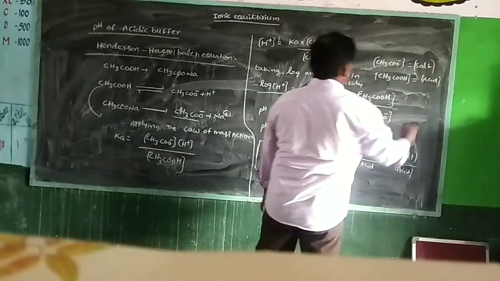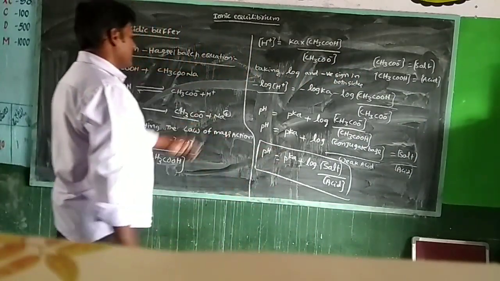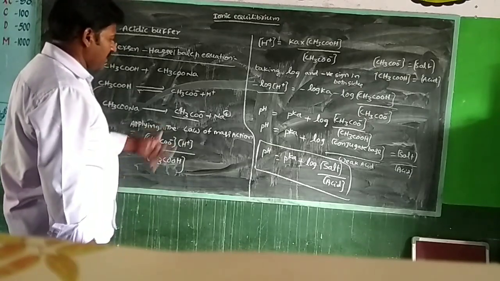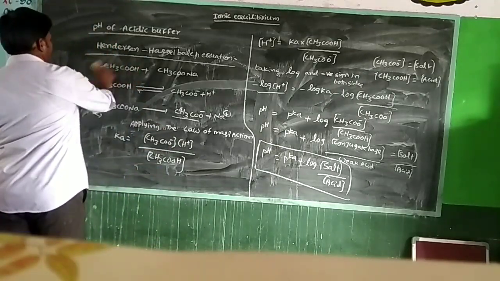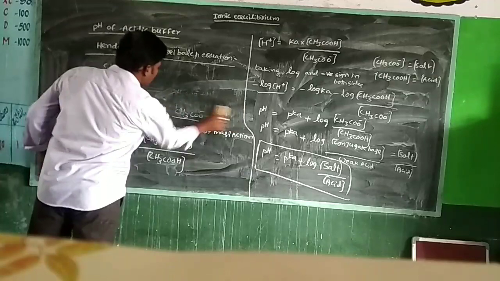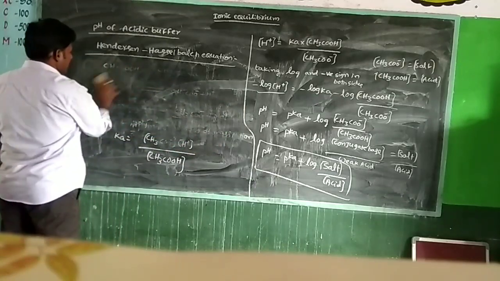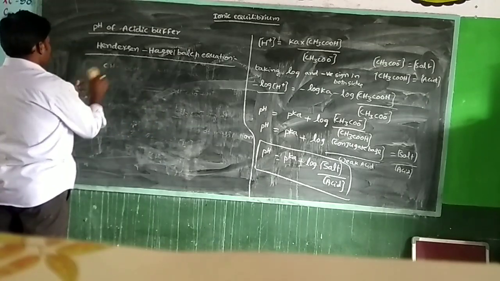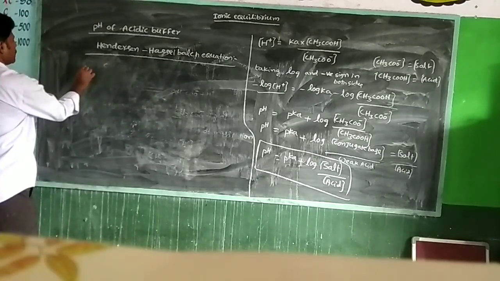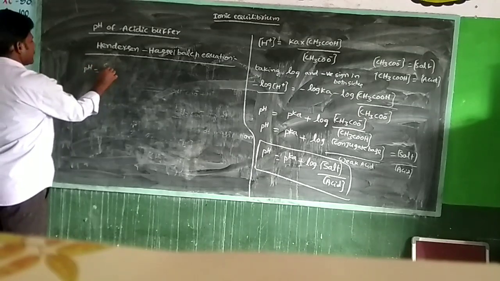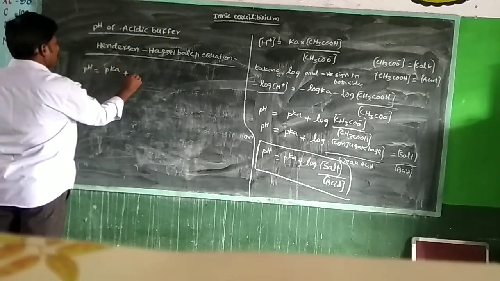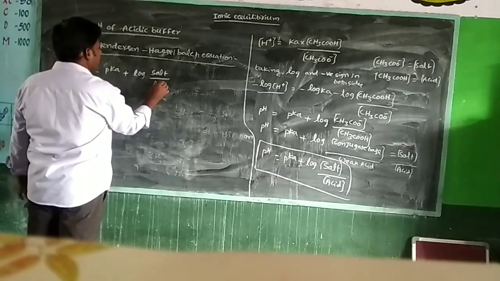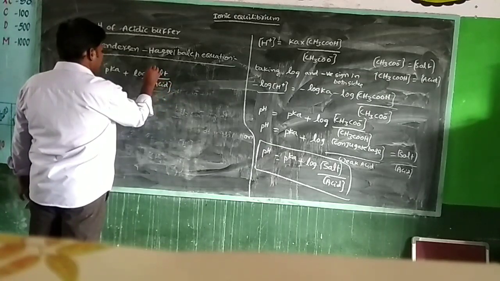You can write the pH is equal to pKa plus log salt concentration by acid concentration.